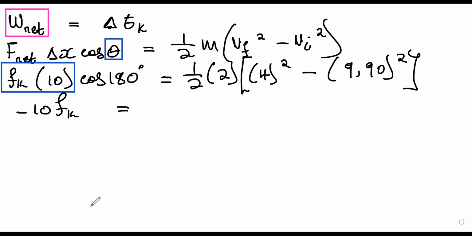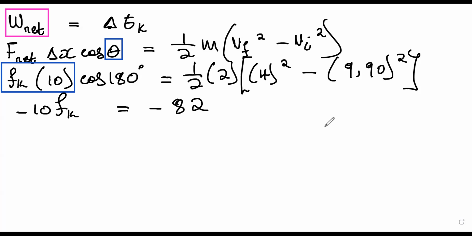So if you now go to your calculator and say 4 squared minus 9.9, or you could have used the 8.9 that we got previously, right? Yes. So if you say 4 squared minus the square of that.